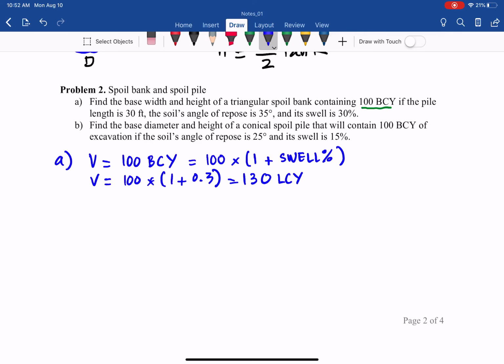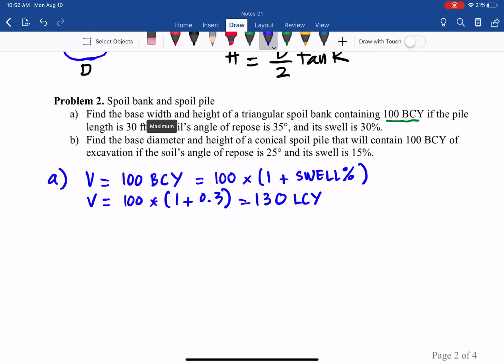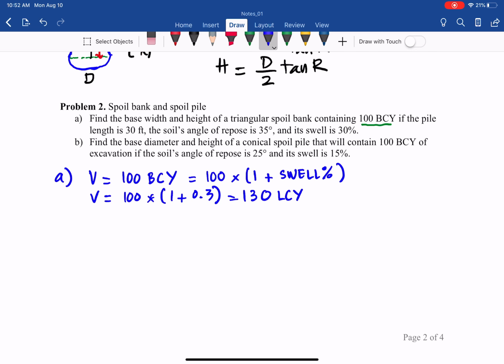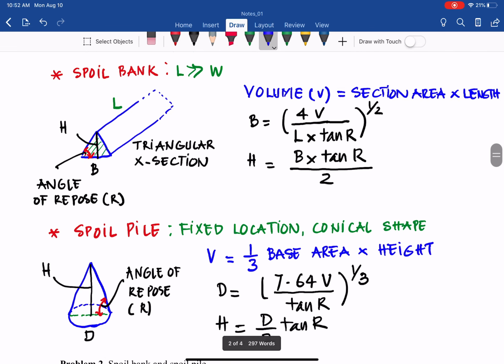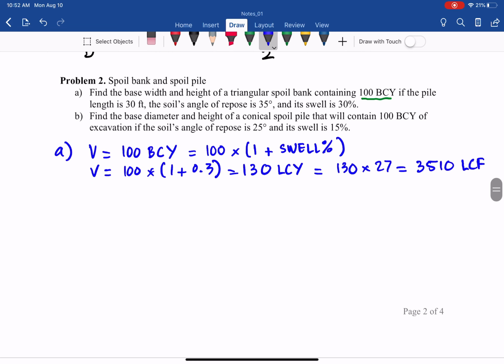Because the question is in feet, we have to use the same unit, so you change that to cubic feet. If you recall, you multiply by 27. So it equals 130 times 27, and you will get 3,510 loose cubic feet. Then you just apply the equation for the bank, B and H, so that you can find what the question asks.